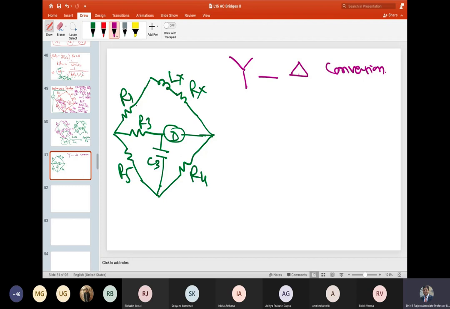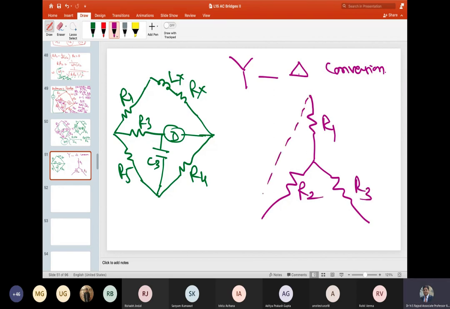And what is your star? Star is, if I have R1, R2, R3, then I can create an equivalent delta, right?